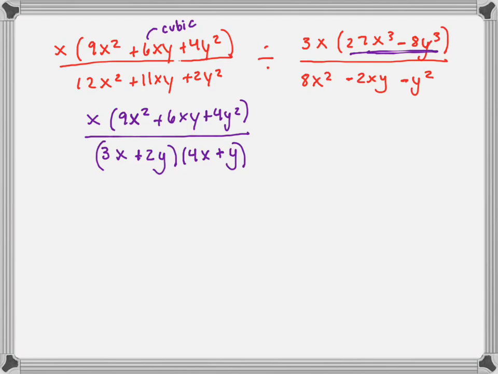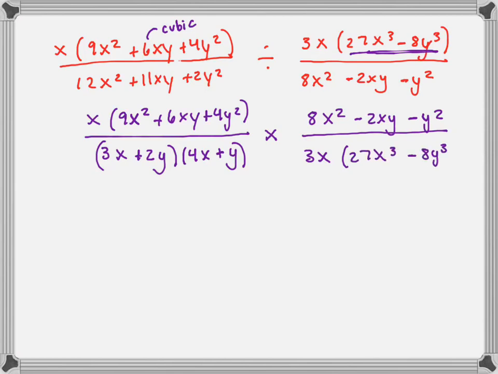And then we need to write this as a times instead. So we're just going to do times, and that means we have to flip these. So we have 8x squared minus 2xy minus y squared, and we'll factor those in the next step, over 3x times 27x cubed minus 8y cubed.